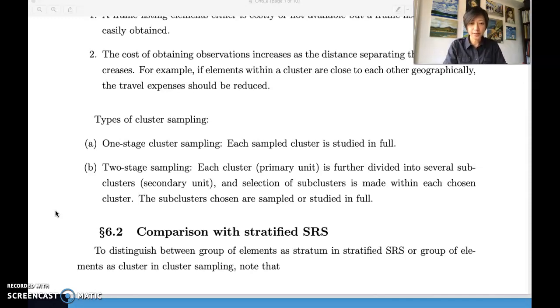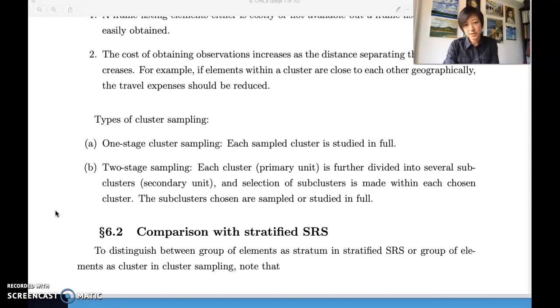Two-stage sampling is where each cluster is further divided into several sub-clusters. So let's say in the first stage, we select a few trees to be included in my sample, and then within the trees, we do not look into each of the oranges. We have a second stage of randomly choosing some of these secondary units.